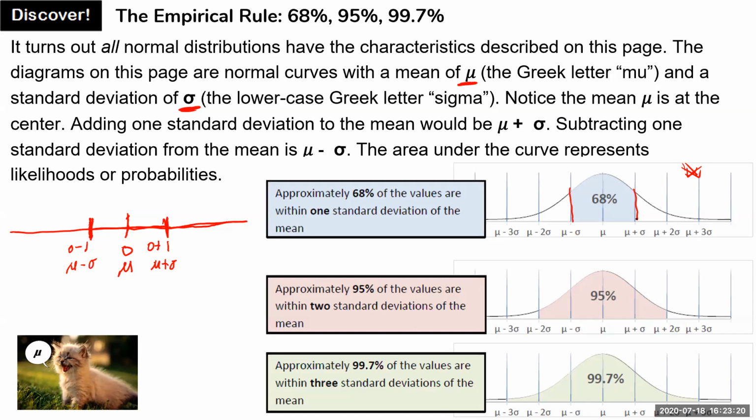And we are saying that approximately 68% of the values are within 1 standard deviation of the mean. The area for 1 standard deviation is 68%. So this is 34%, because this is symmetrical. If you break this up, it's 34, that is 34. So the rule is 68%. The first standard deviation is what we have as the 68%.